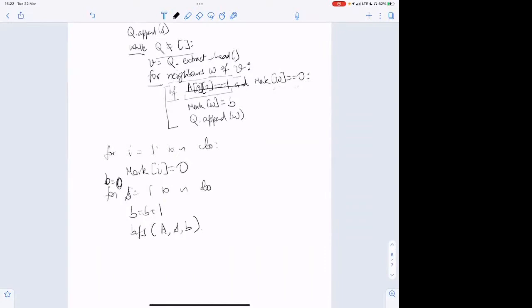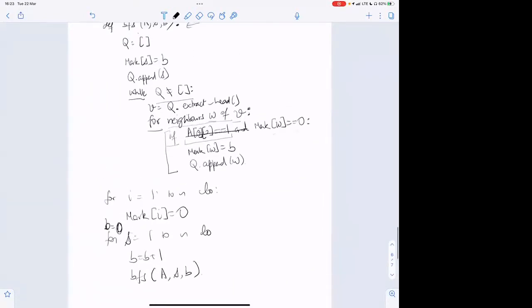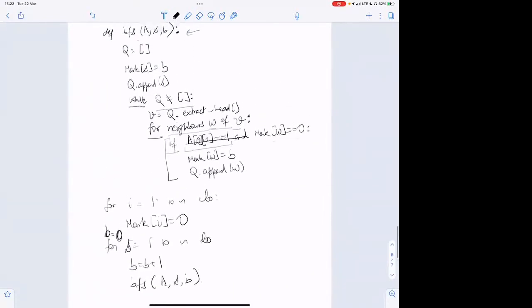Now can someone tell me what will happen? Sir, a small thing. I guess in our BFS now, before marking s, we should check if it's already marked. Otherwise, we might go over connected components multiple times. But we are checking this, mark w equal to 0, correct? No, where do we want to check?